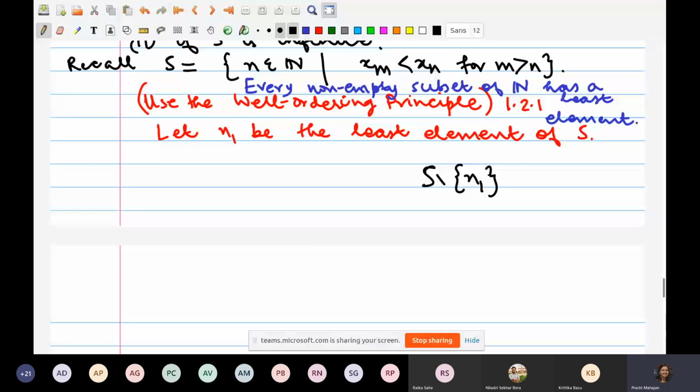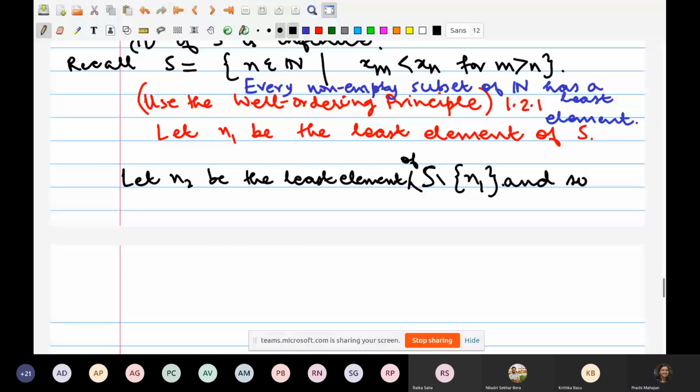You apply the well ordering principle one more time and find the least element of this set. I'll call it n_2, the least element of this set, and so on. You continue in this fashion.